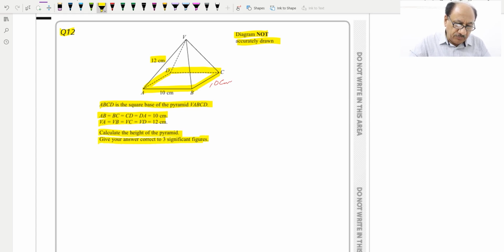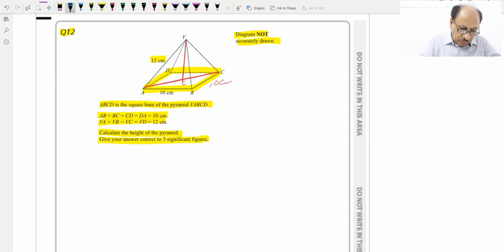So for the height of the pyramid, how will we draw it? We draw AC, and we'll identify what the height of the pyramid is. So this one will be AC, and the height of the pyramid will be, if we draw the perpendicular, this. We can take this point as E for our reference. So AC we can calculate.